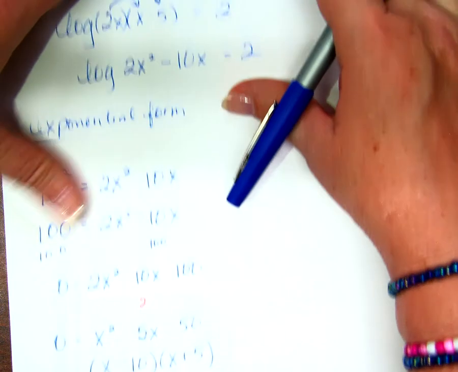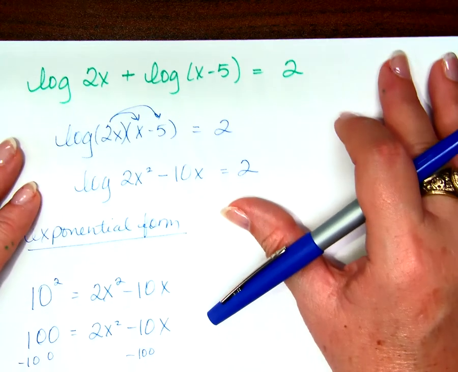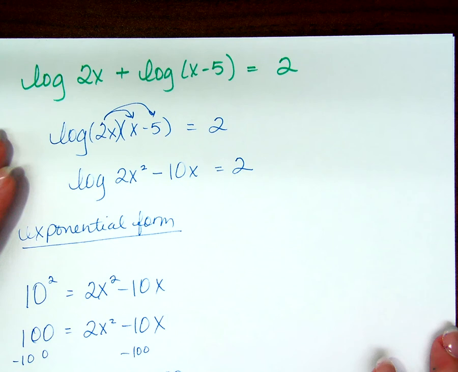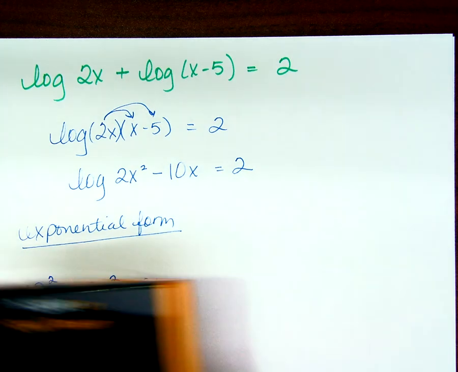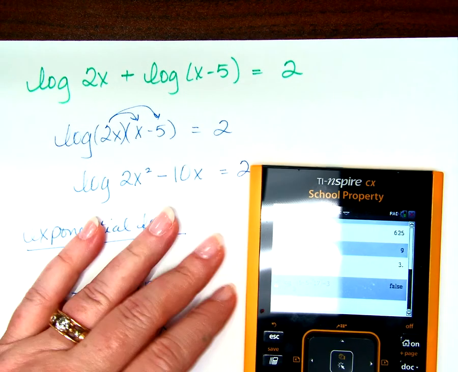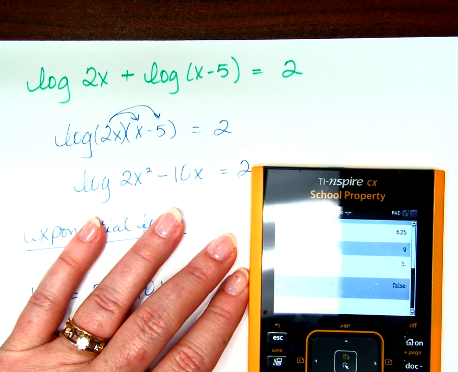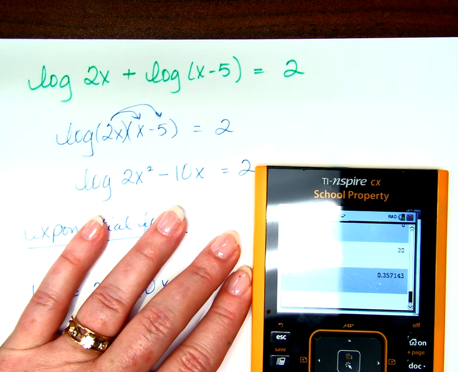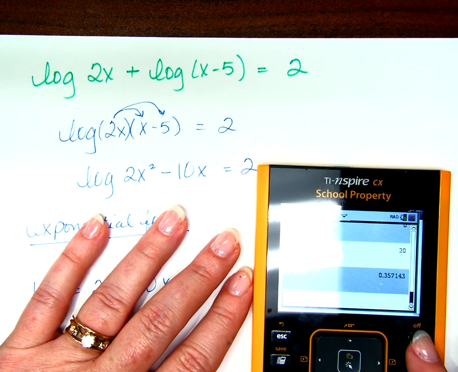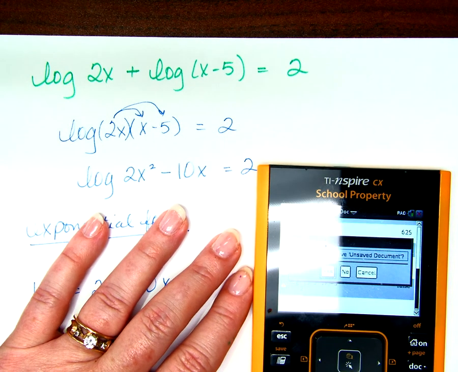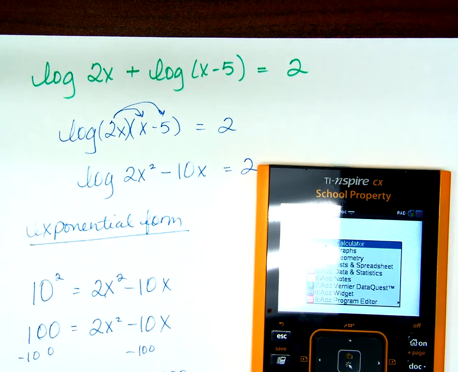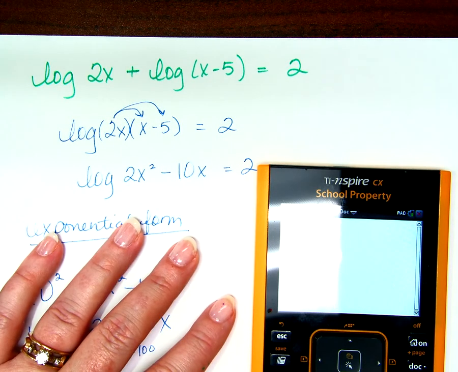So I go back, way back up to the original problem. And I've got to check 10 and I've got to check negative 5. So let's check 10 first. Let's just get a new document. That's easier. Log of 2 times 10. Excuse me, log base 10.